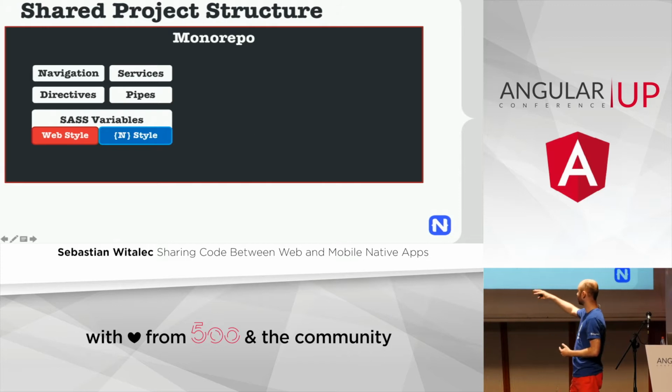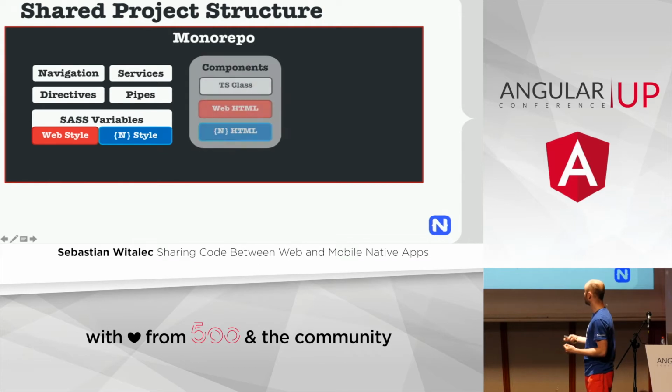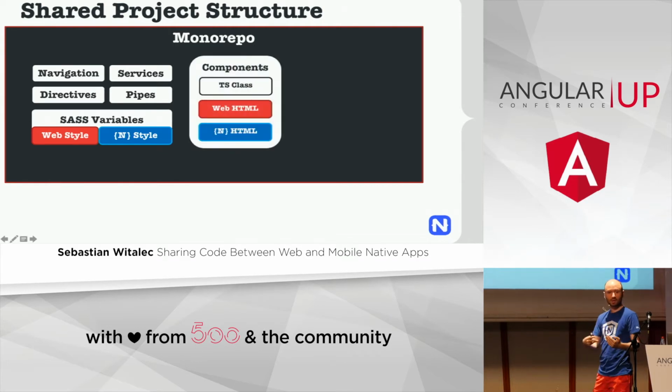We also have, for example, the SASS variables that can be shared, so if you have theming for your application across the app, you could have the same. But we would have a different CSS style sheet for web and for NativeScript, because we have slightly different properties. For each of the components, we can reuse the TypeScript class, but then we'll have two separate HTML files for defining what goes in the UI.